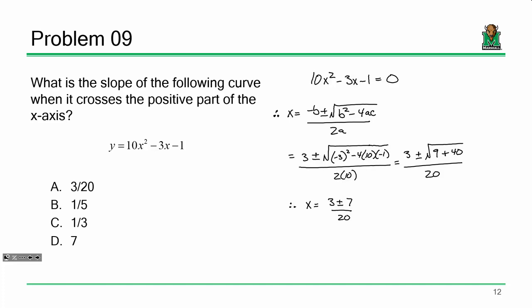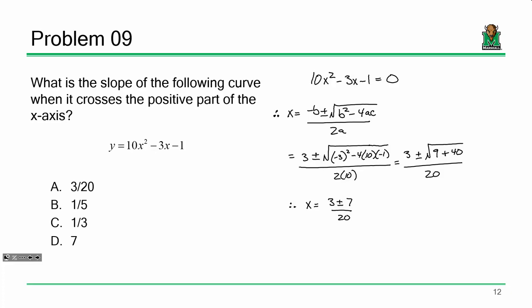When it crosses the positive part of the x-axis, we're talking about positive x values. So which of those 2 roots can we neglect? Is it the 3 plus 7 over 20 or the 3 minus 7 over 20? No. That's the one we keep. The one we neglect is the minus.